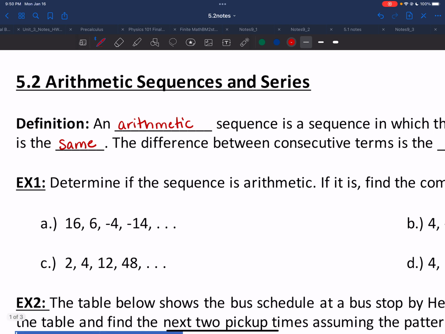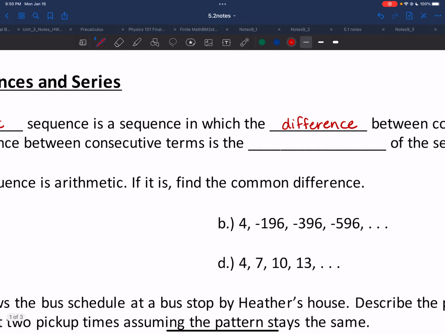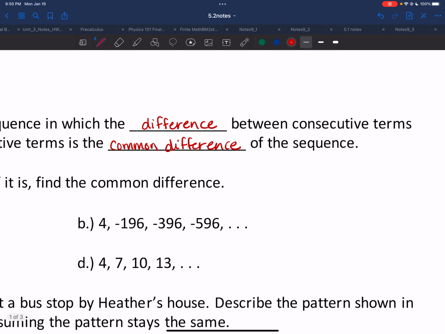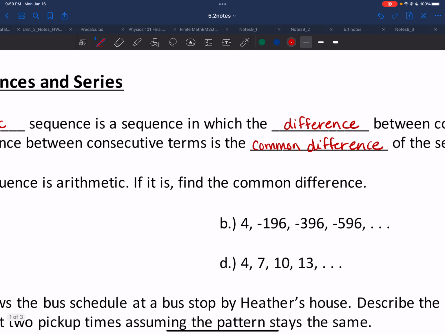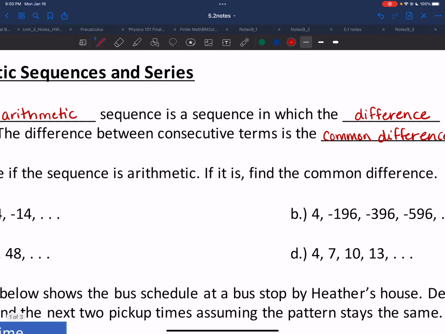The difference between consecutive terms is the common difference of the sequence. Okay, so because we're talking about a difference, that means that we're going to be adding something or subtracting something. So we should see a pretty consistent change.